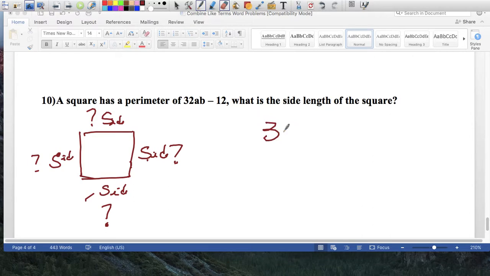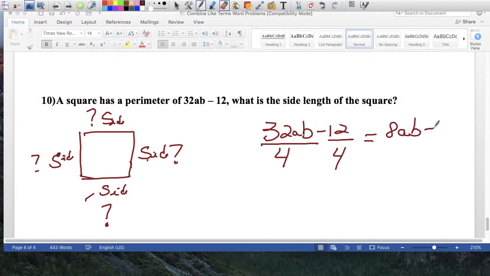We're going to take 32ab minus 12, and divide this whole thing by 4. I'm going to take the first term and divide it by 4, and the second term and divide it by 4. So if we simplify, 32 divided by 4 is just 8ab. And 12 divided by 4 gives me negative 3.